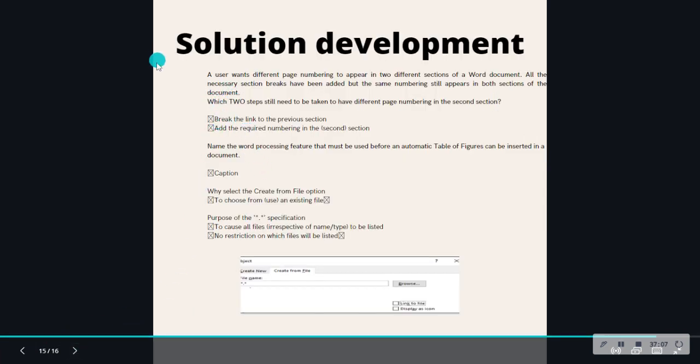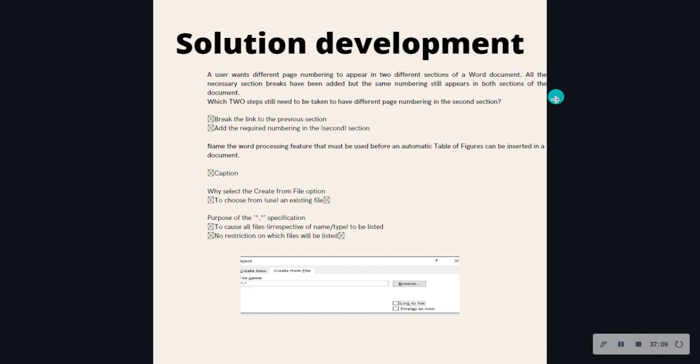Okay, then we're going to quickly just look at solution development. So let's say a user wants different page numberings to appear in different sections in a Word document. So all the necessary section breaks have been added, but the same numbering still appears in both sections of the document. So which two steps does he still need to take to have different page numbering in the second section?